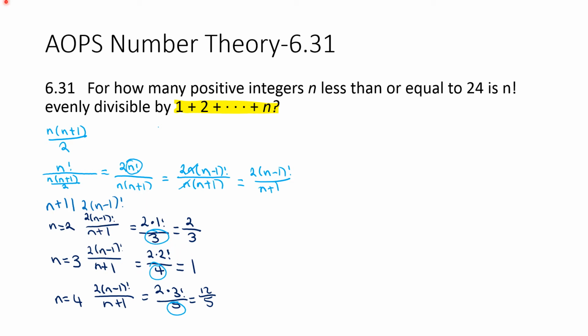So if n plus 1, the bottom, is composite, then it can be broken down into two smaller numbers, and these two smaller numbers are inside the product of 2 times (n minus 1) factorial, because if you see this 2(n minus 1) factorial over n plus 1, the bottom is n plus 1, and the top's biggest factor is n minus 1.